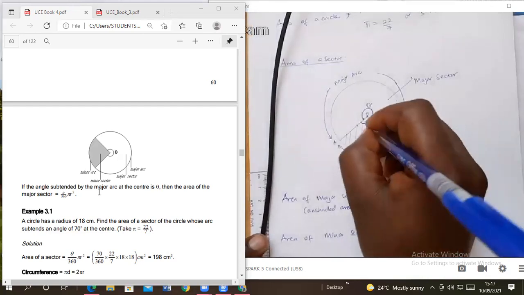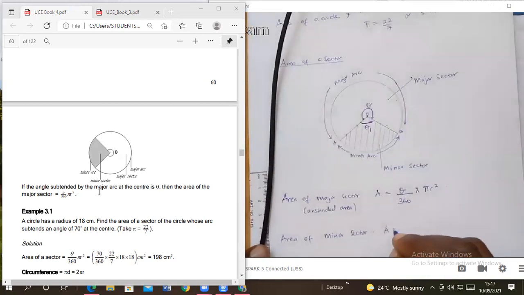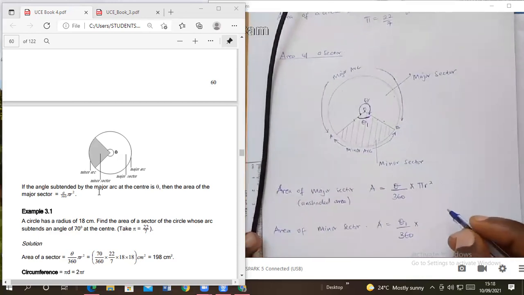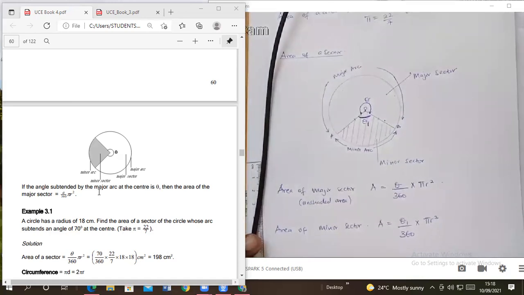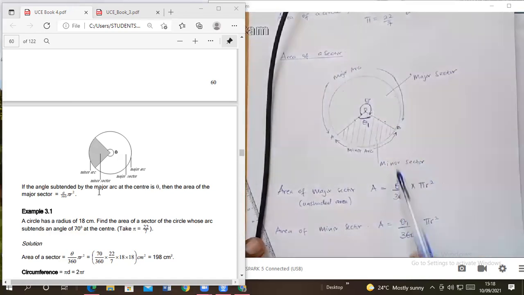If this angle is theta 1, then the area is going to be theta 1 over 360 times the area of the whole circle, which is pi r squared. That gives you the area of the minor sector, and the other one gives you the area of the major sector.